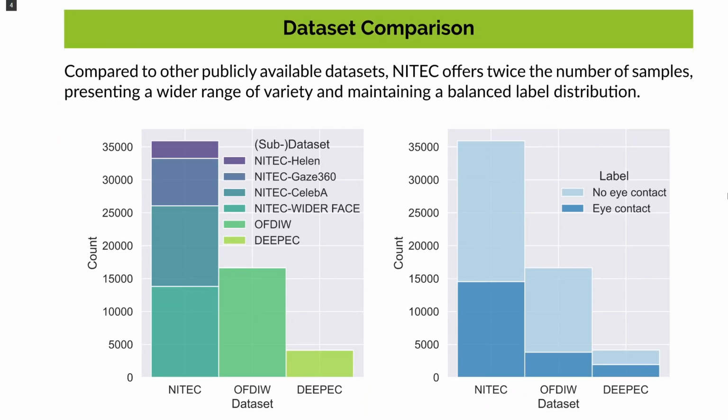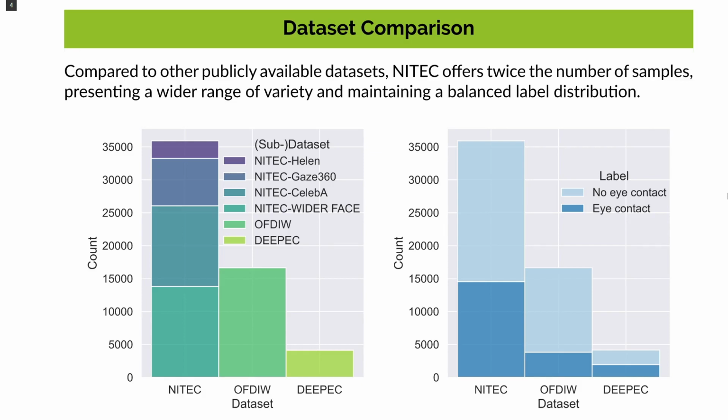On this slide, we see a general comparison between our dataset and two other datasets for ego-vision eye contact. There is the OFDIW and the DPEC dataset, which are also public. On the left figure, we see a general comparison of the sample size, also including the split of our dataset with the subsets.